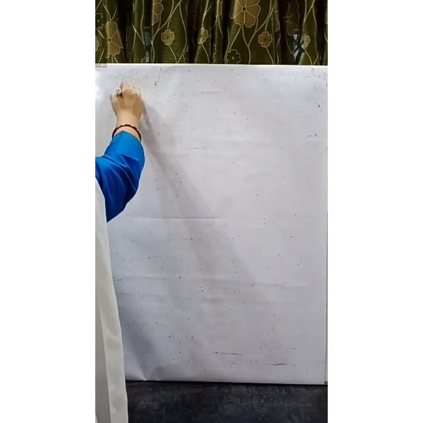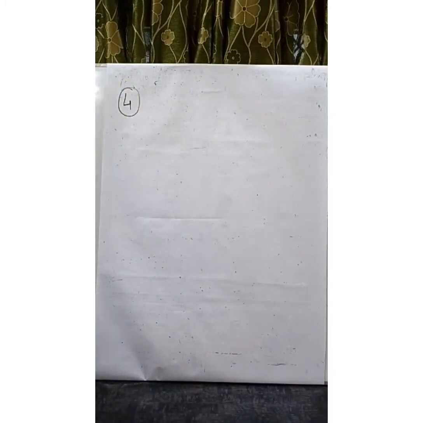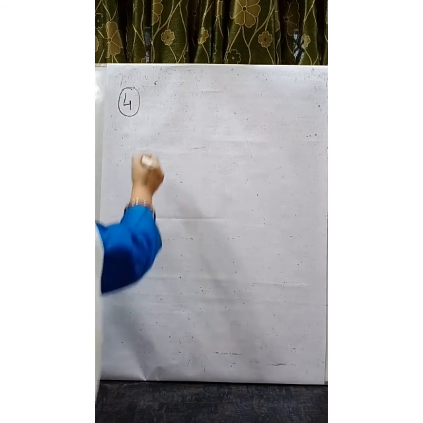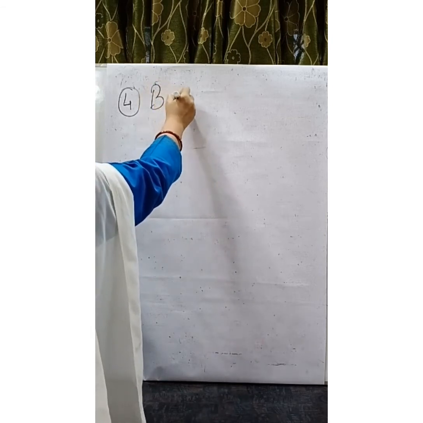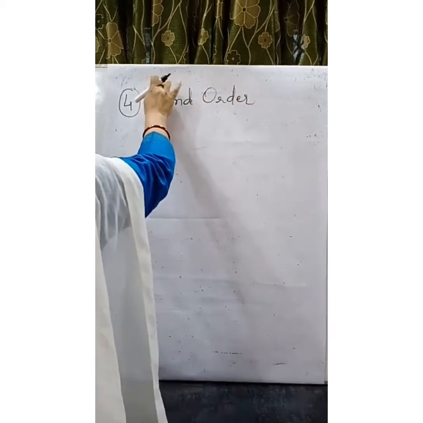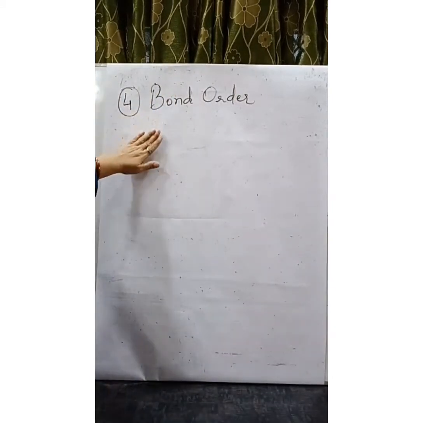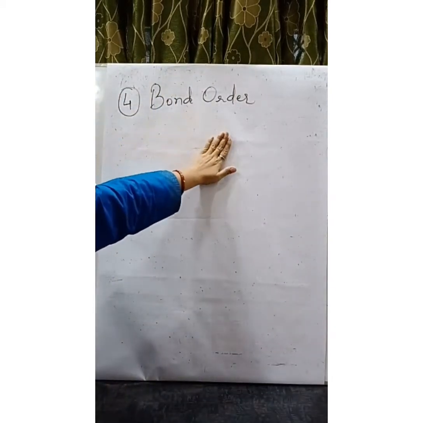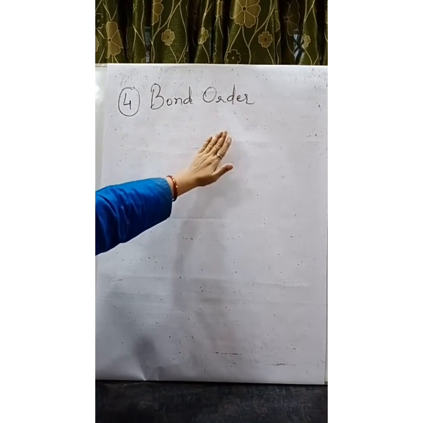Next, bond parameter number 4. We call it as bond order. Bond order indicates the stability of a given molecule.